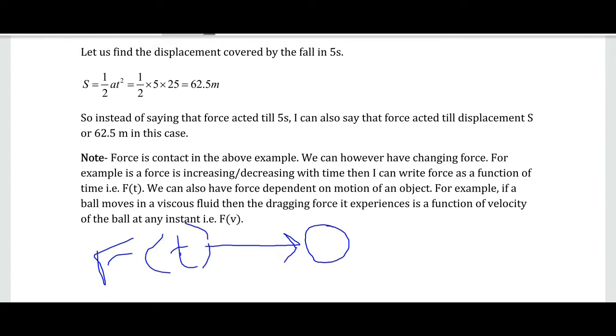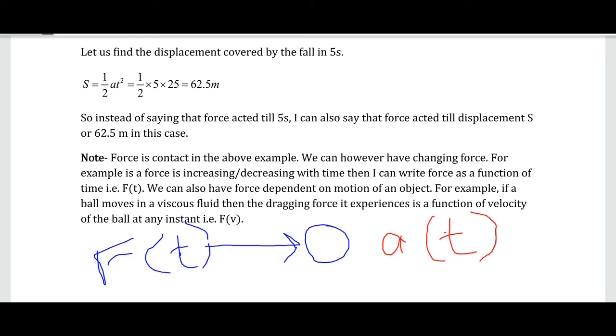The acceleration is not going to be the same. The acceleration will also be a function of time. It means if a ball is acted upon by a changing force, then the acceleration is also going to be changing.